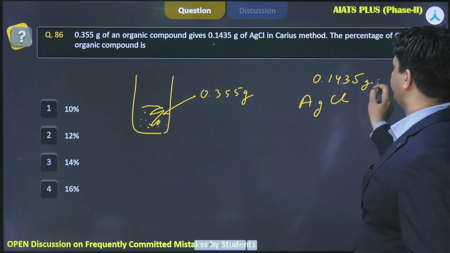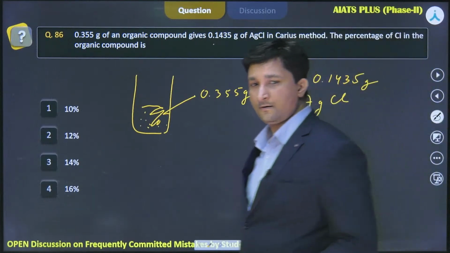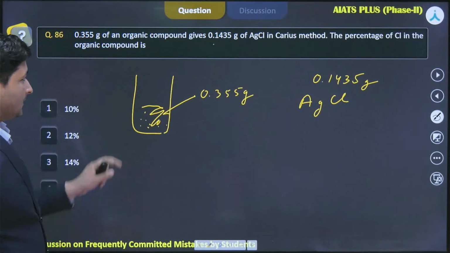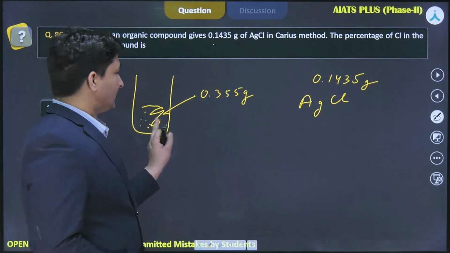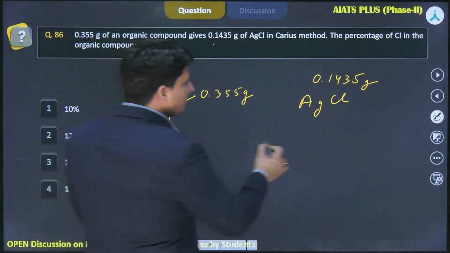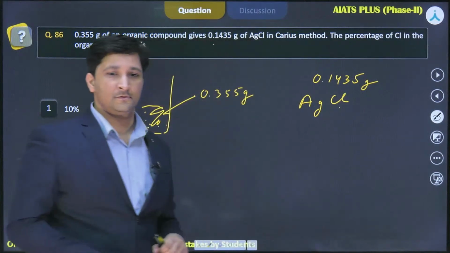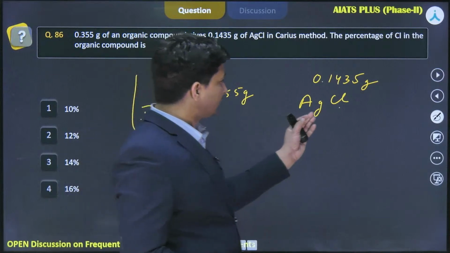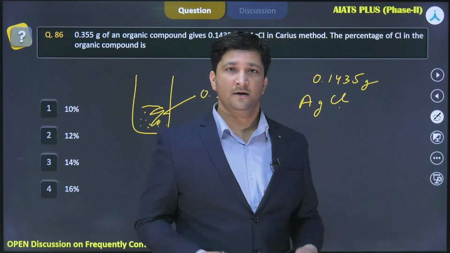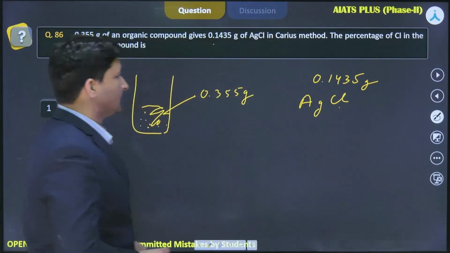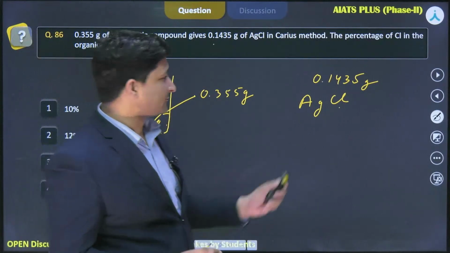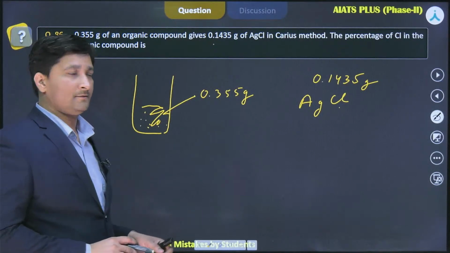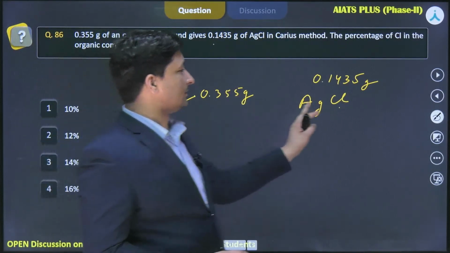Now what we have to think here is that all the chlorine that was present here has now moved to this AgCl. By stoichiometry, if I find out the amount of Cl present in AgCl, I am going to get the actual amount of Cl that was present in this compound, as we have transferred all of it here.